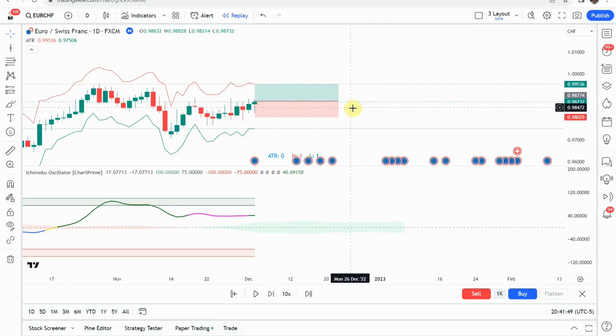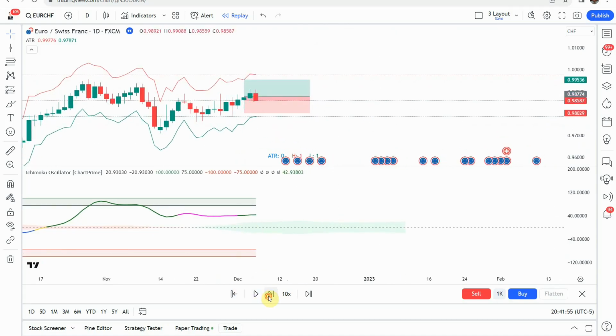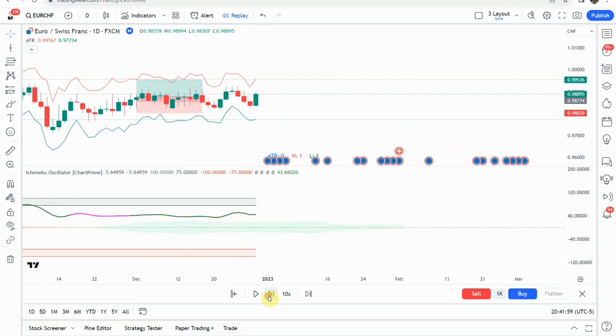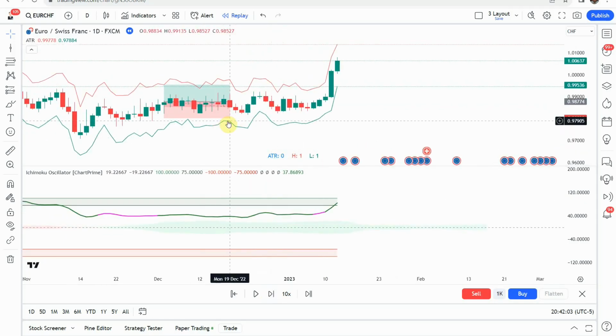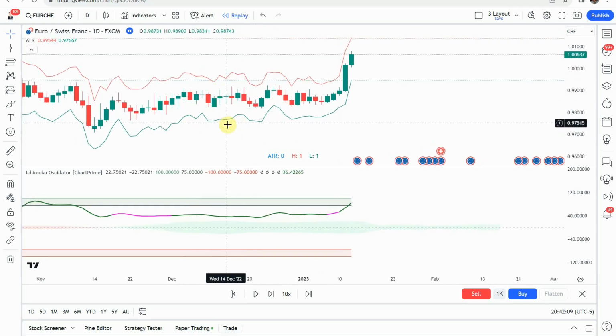That gives us a 1-to-1 risk reward. Now let's just go ahead and play this forward. You see we get a little bit of a pullback right there. We kind of hover around that stop, and then we eventually make that nice spike to the upside, which does get us to our take profit.